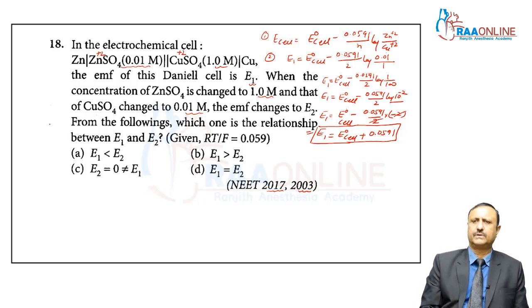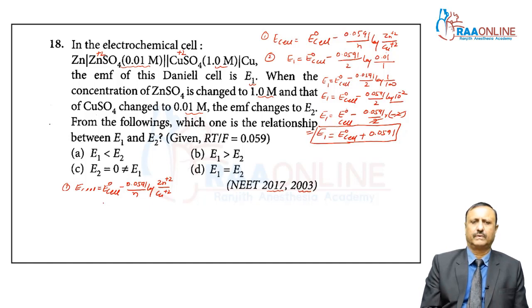Now we can solve for the value of E2. The formula is the same. I can write it as equation number 2: E cell is E naught cell minus 0.059 upon n log Zn2+ upon Cu2+. Now this is E2, my dear students, equation number 2.